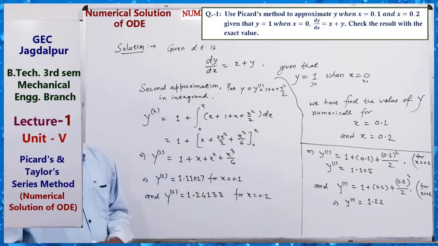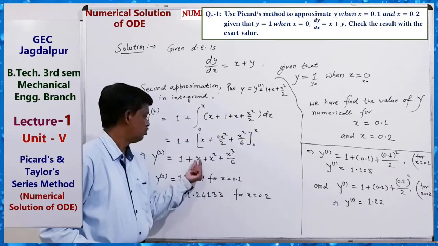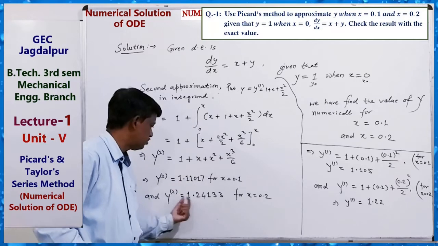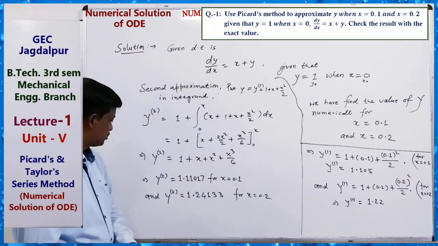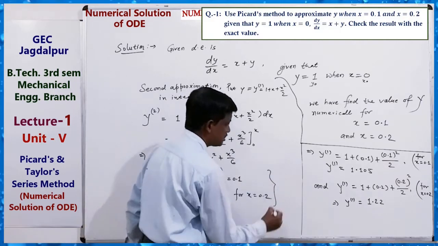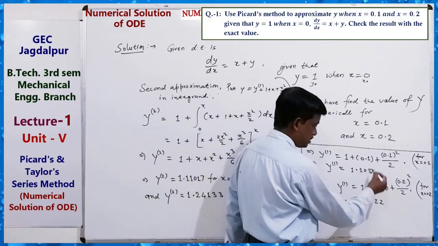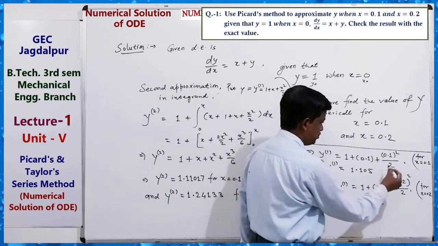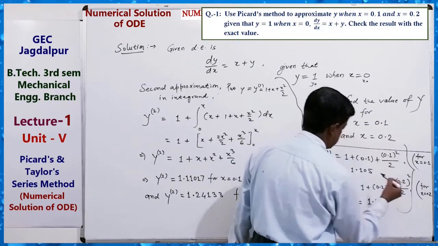Just put 0.2 here and calculate it. So this is the second approximation, and this was the first approximation.